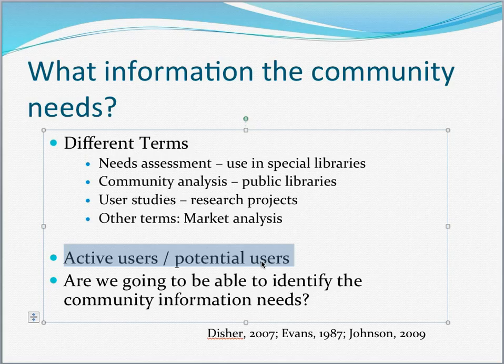It doesn't matter the age, the sex or the gender, the cultural or ethnic background, the level of education, income, etc. Everyone has information needs, and the library should be there to address and satisfy those information needs. So we have to be able to identify the community information needs, the information needs of our community.